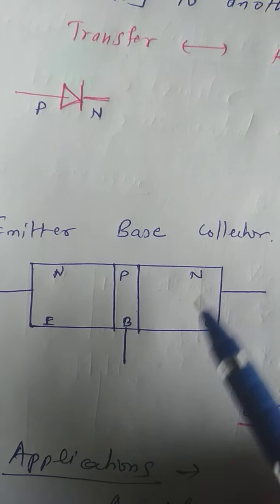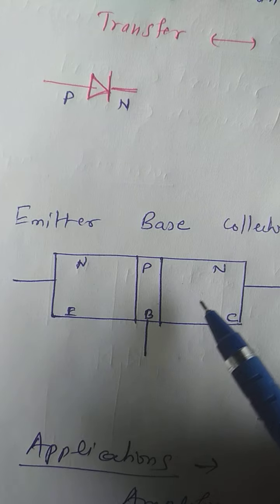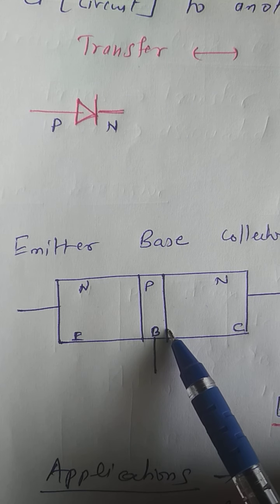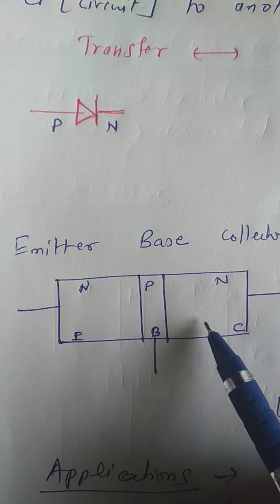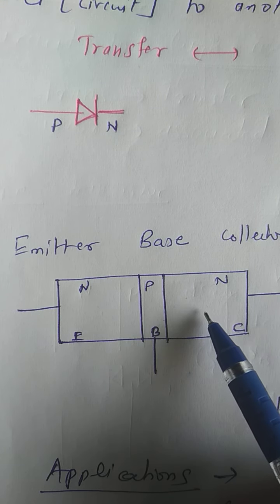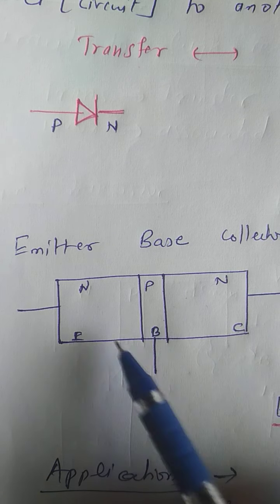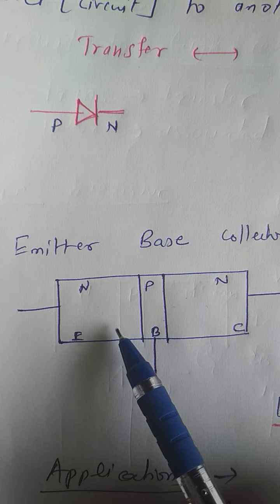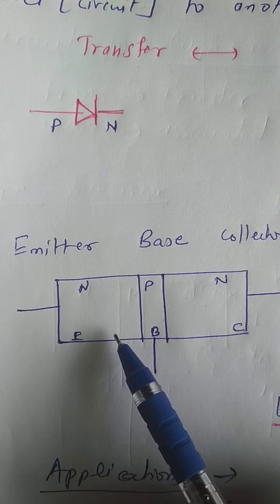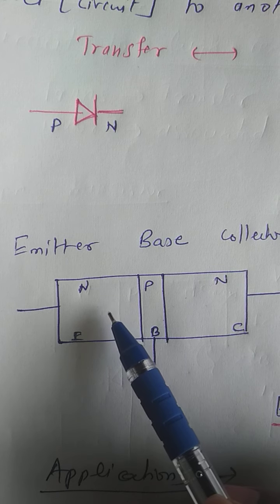When we look at the structure of the device, the base region is the thinnest layer out of the 3 layers. The collector, in terms of area, is the largest one. When we compare collector and emitter, the area of the collector is more, and the emitter is very much electron rich.